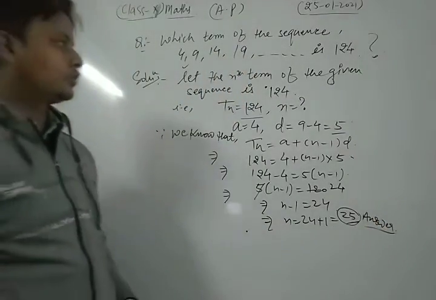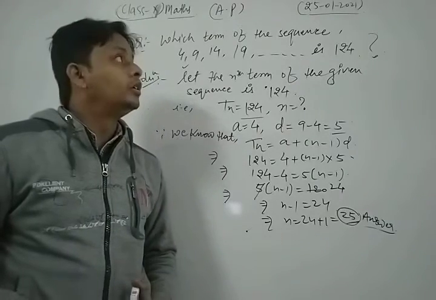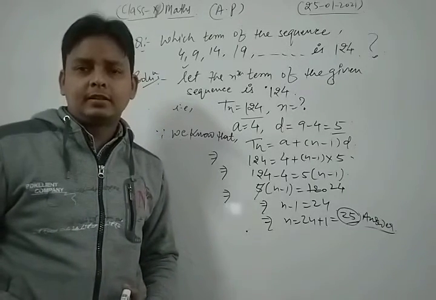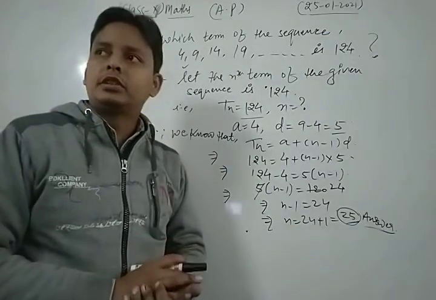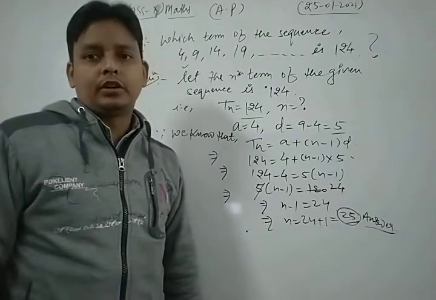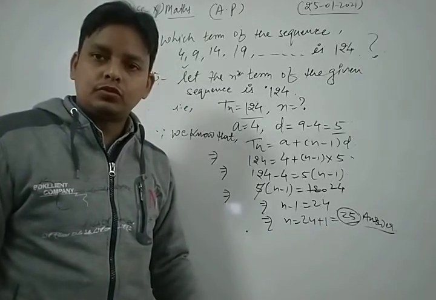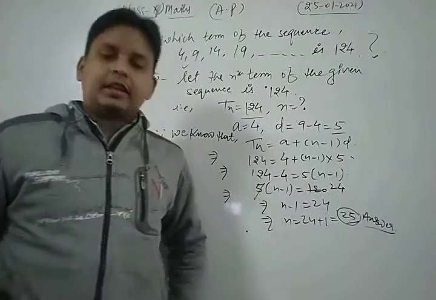Thus dear students, in this way we can say that the given term, the 124, is the 25th term of the sequence.